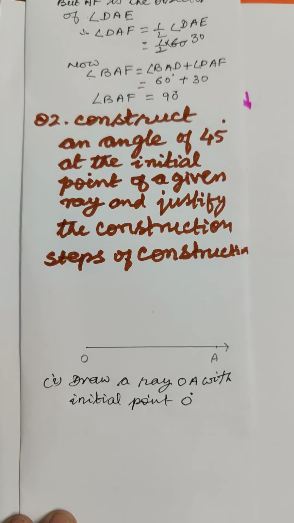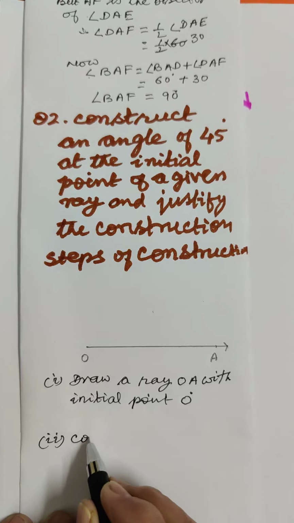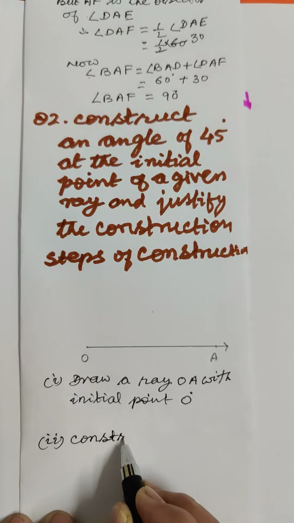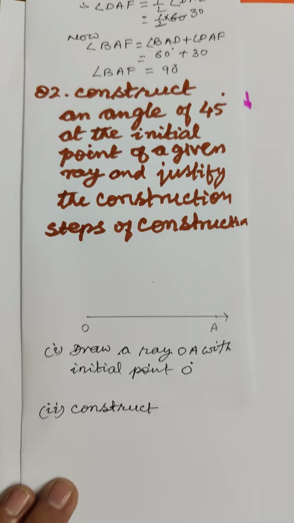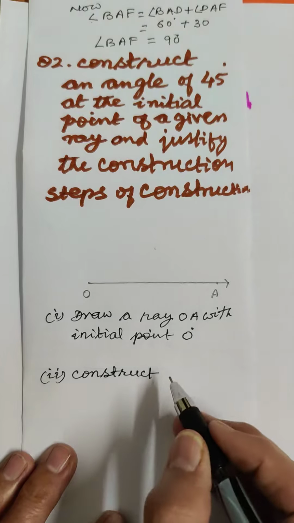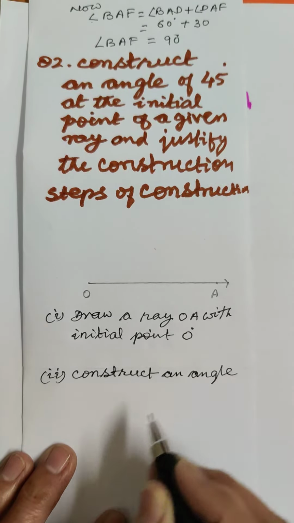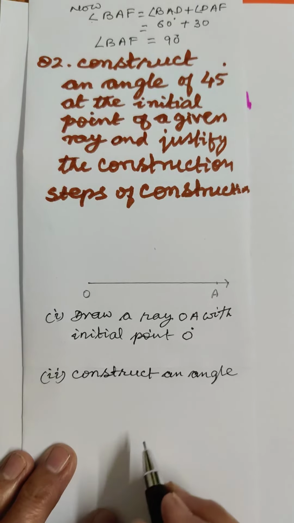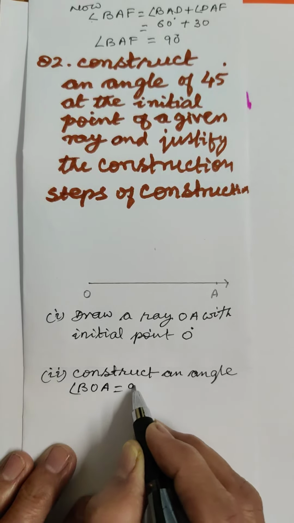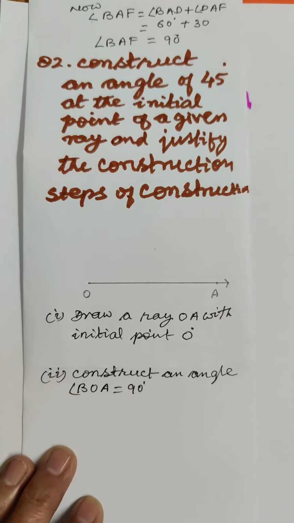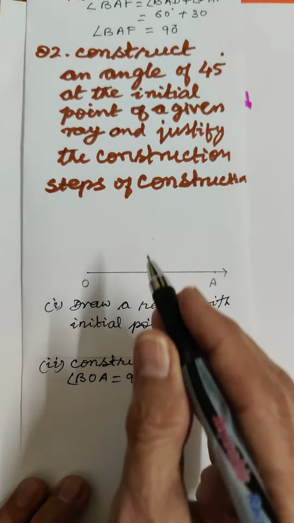Second step is construct an angle. In the second step, we shall construct an angle, say angle BOA is equal to 90 degree, as in question number 1.